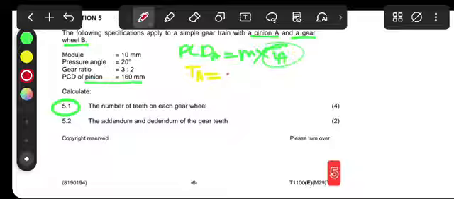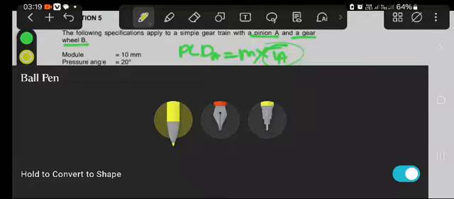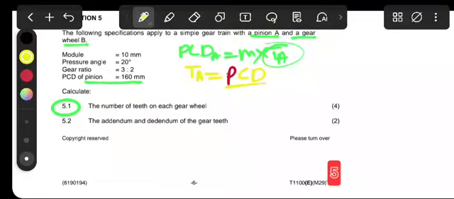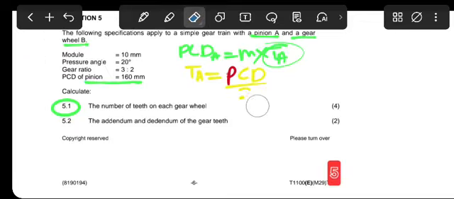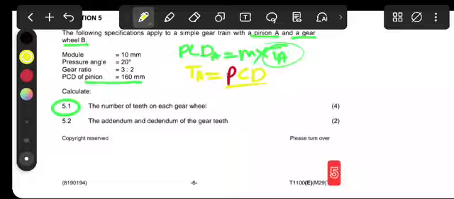TA will be the PCD divided by the modulus.